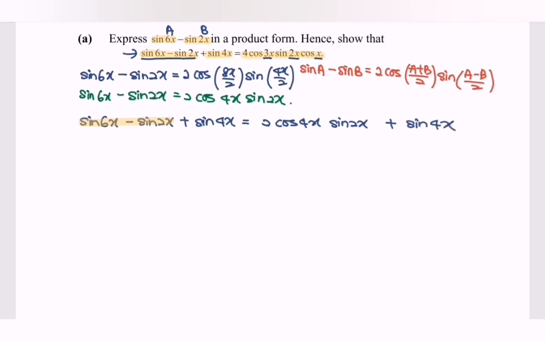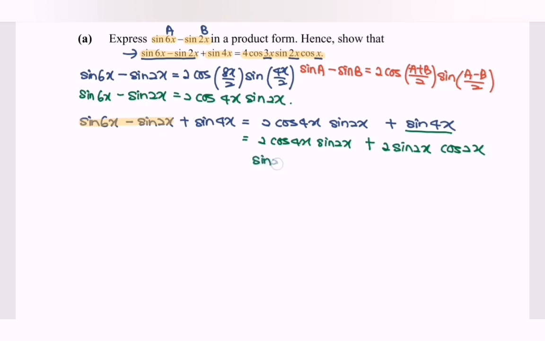Meaning that we are going to use the double angle, which we will have 2 cos 4x sine 2x plus, by using the double angle, 2 sine 2x cos 2x. Factor out the sine 2x.